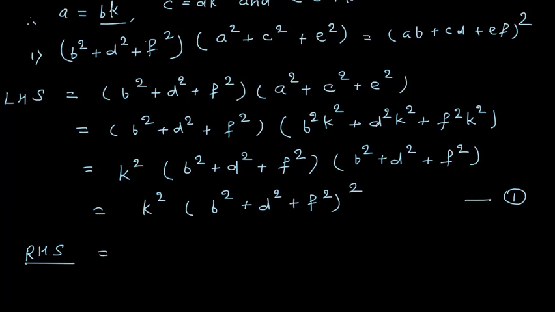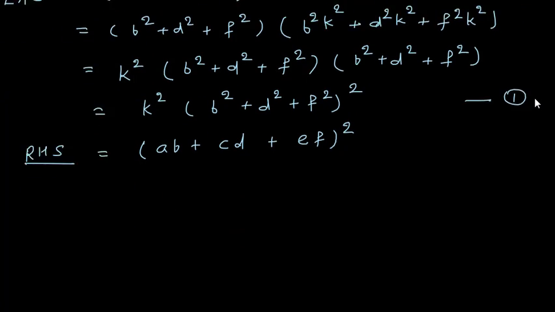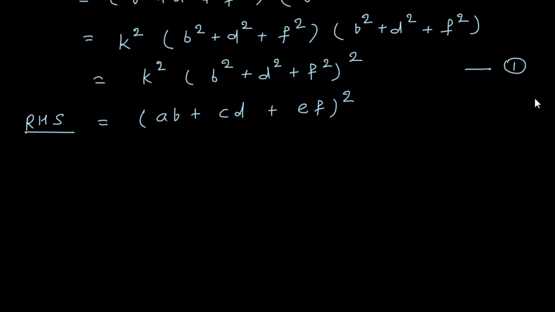So right hand side is AB plus CD plus EF the whole square. Now A can be written as B into K, so this is BK. C can be written as DK, and E can be written as FK, the whole square.